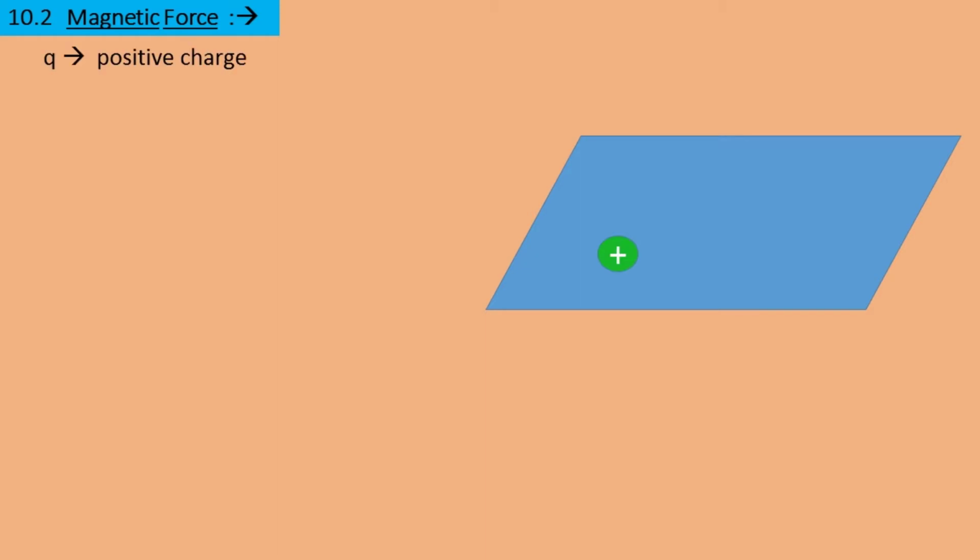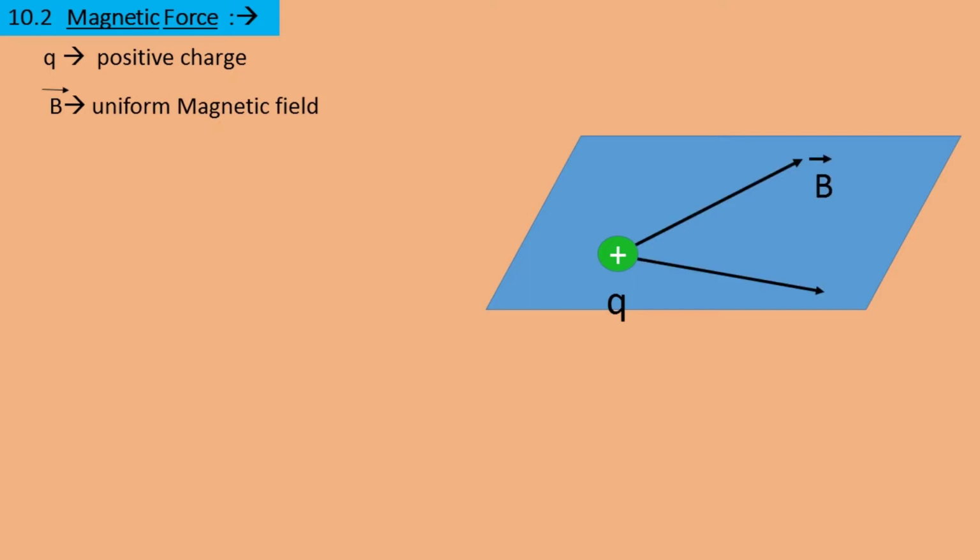Now we see the magnetic force. For that, consider a plane in which Q is a positive charge moving in a uniform magnetic field B vector with a constant velocity V vector. Now, charge plus Q experiences a force Fm, known as magnetic force, which is perpendicular to the plane containing B vector and V vector.